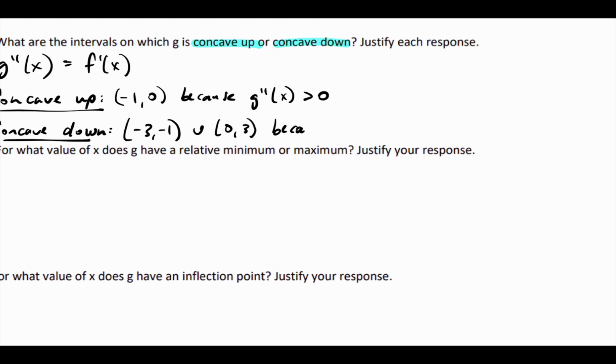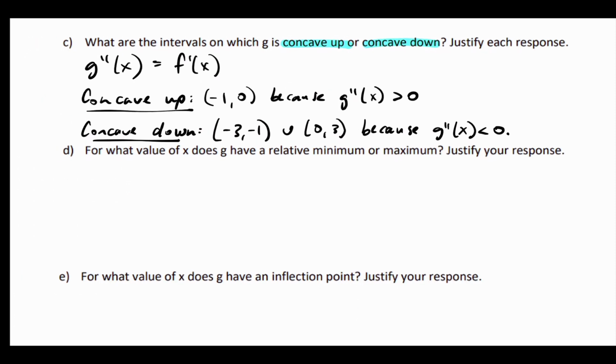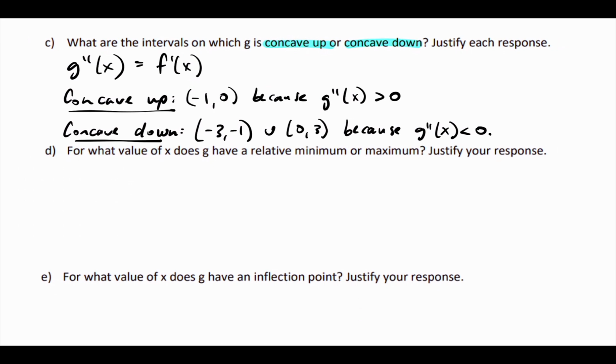Because G double prime is less than 0. Okay. Or in other words, the graph is going uphill or going downhill, because G double prime is the same thing as the derivative of the graph.